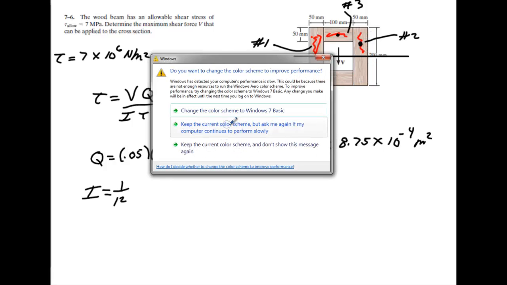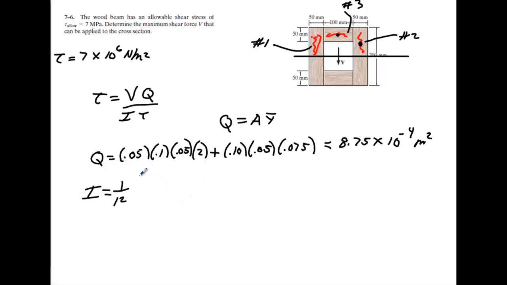Let me get rid of this real quick. Alright, so the base of that is going to be 100, that'd be 200, that'd be 0.2. The height of this is also going to be 0.2. We'll subtract out the middle of this.